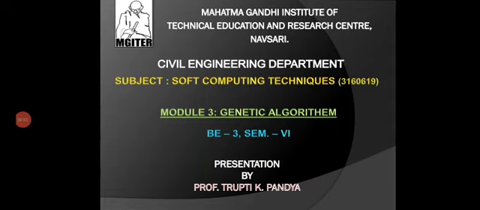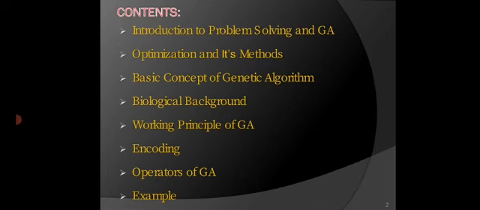This is the second video of genetic algorithm in continuation with the first video. In the first video, I have completed the topics of introduction to problem solving and genetic algorithm, optimization methods, basic concept of genetic algorithm, biological background, the working principle of GA.